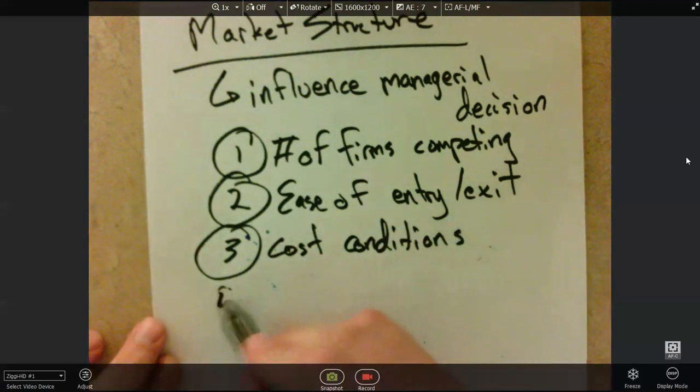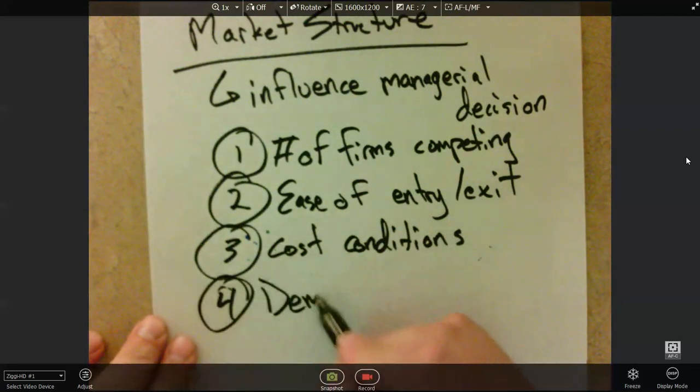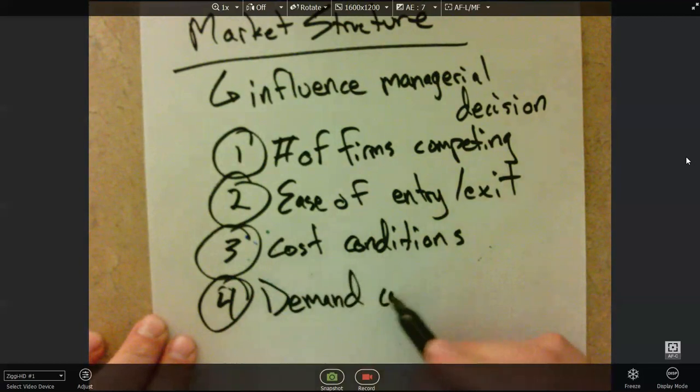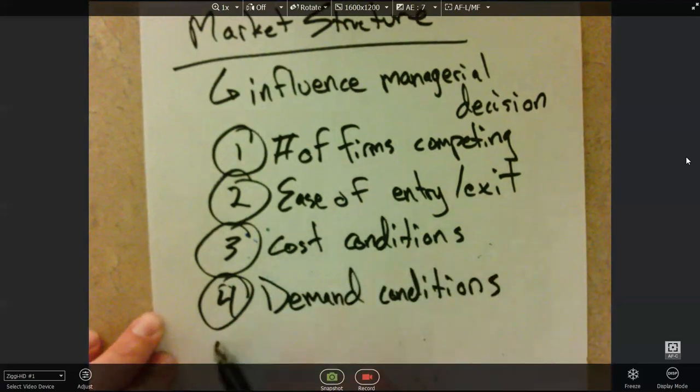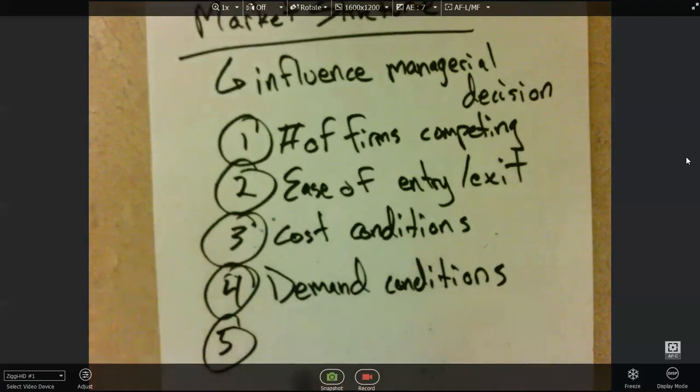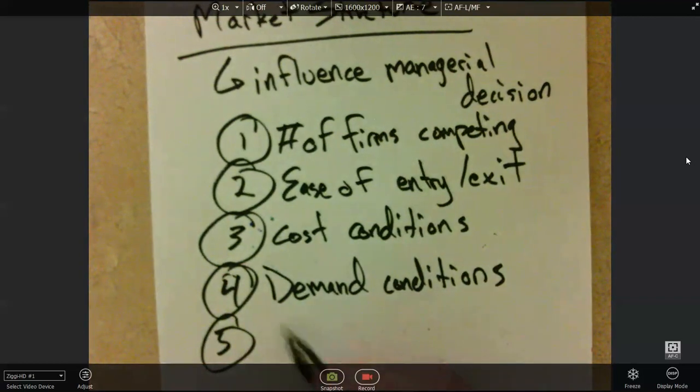Customers, very good, that'd be demand conditions. How do we get all those resources and put them together to make this stuff? The technology? Exactly.